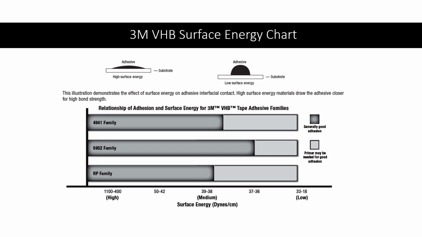So as this chart illustrates, the 5952 family can stick to lower surface energies than the conformable 4941 family and RP family, where the 4941 family and RP family, they might require primer 94 or AP 111 to wet out.